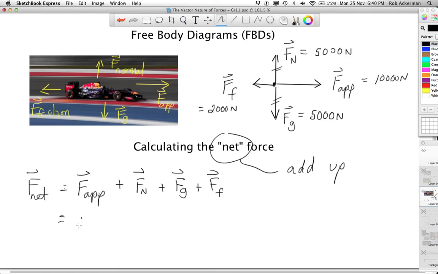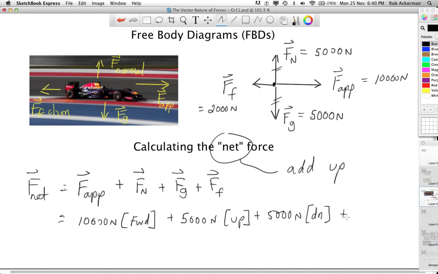We write in each of these 10,000 newtons to the forward direction. The normal force is 5,000 newtons up. The gravity force is 5,000 newtons down. And the friction force is 2,000 newtons back.